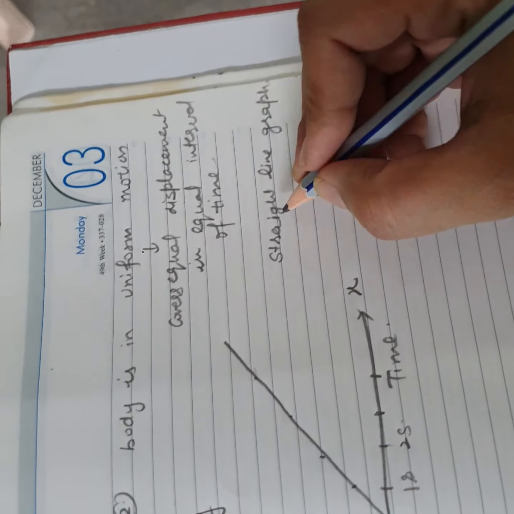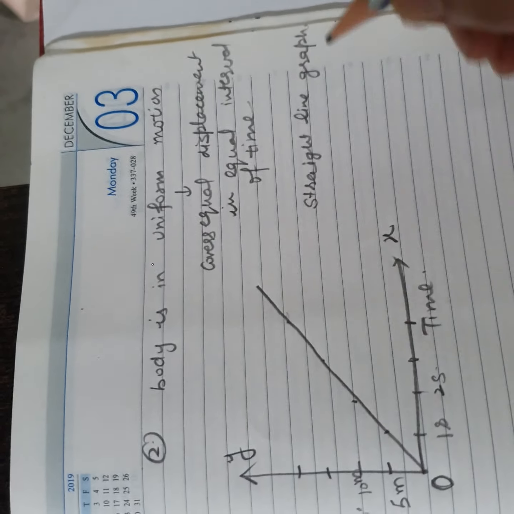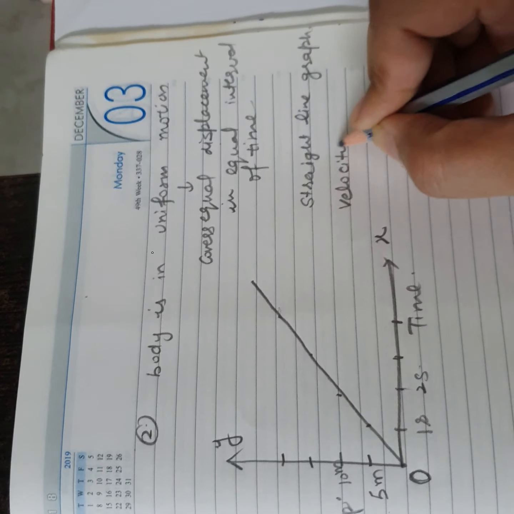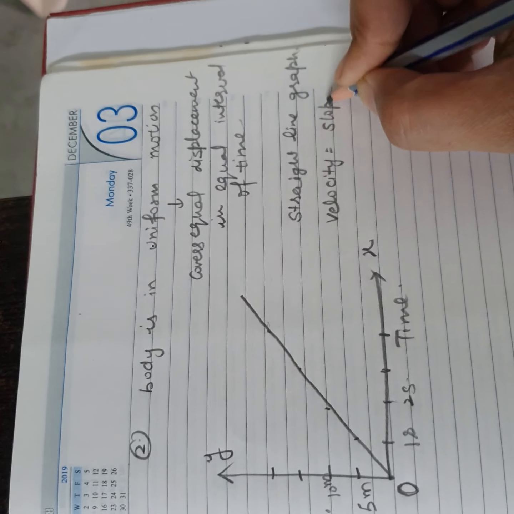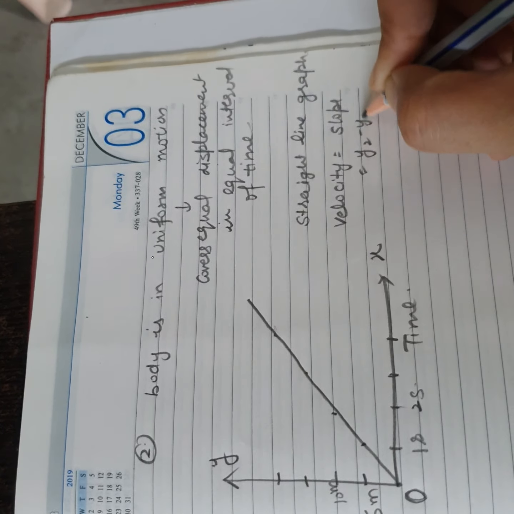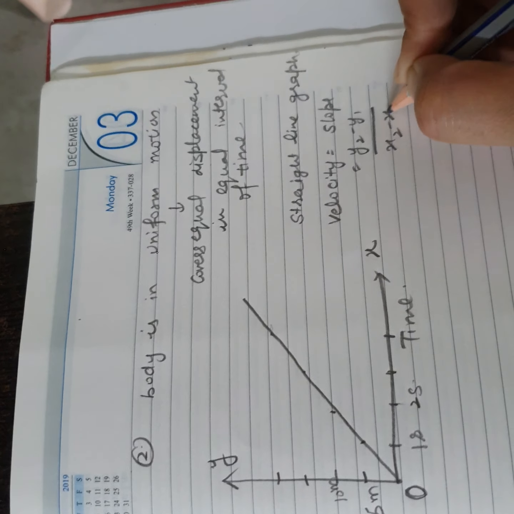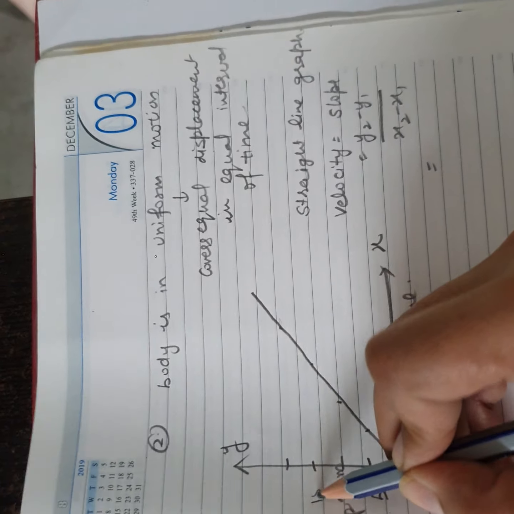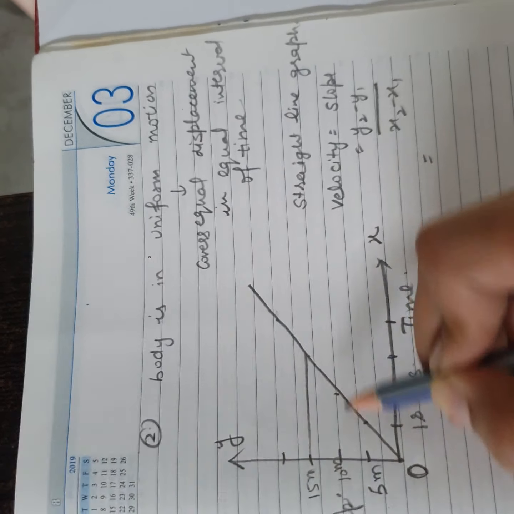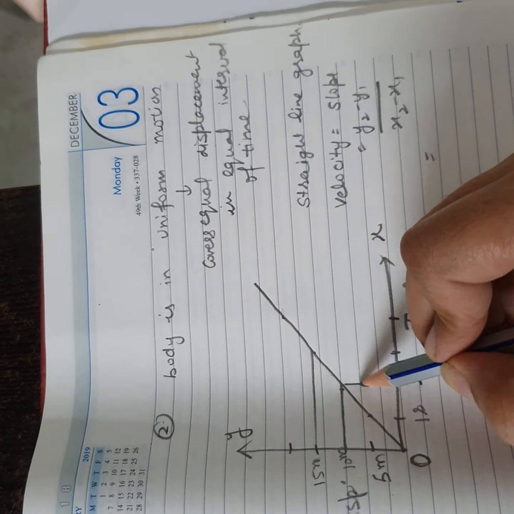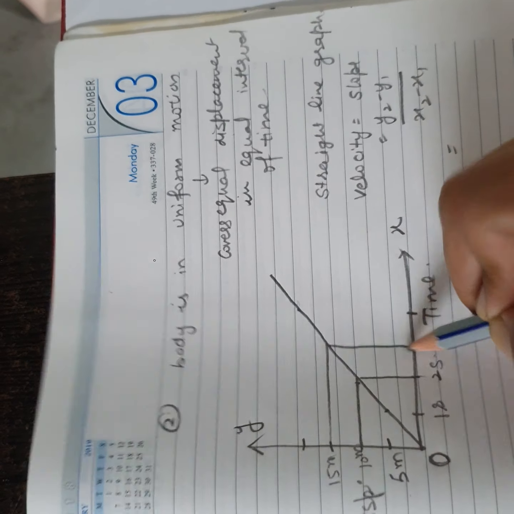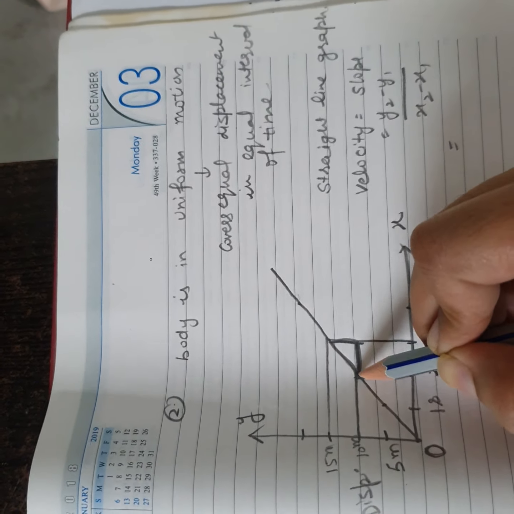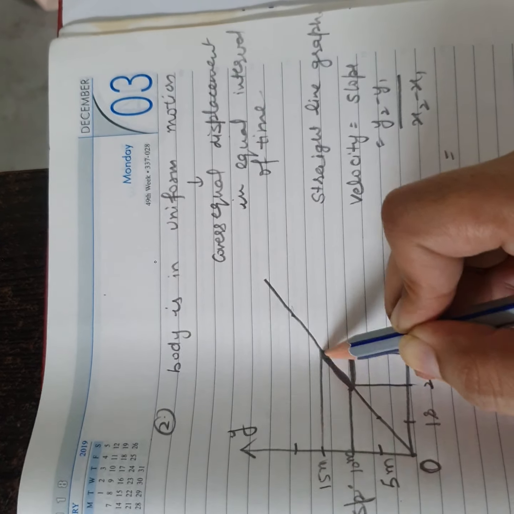Now if you are calculating the slope of this straight line graph, then velocity is equal to slope, which is equal to y2 minus y1 by x2 minus x1. You will take this triangle and calculate this slope.